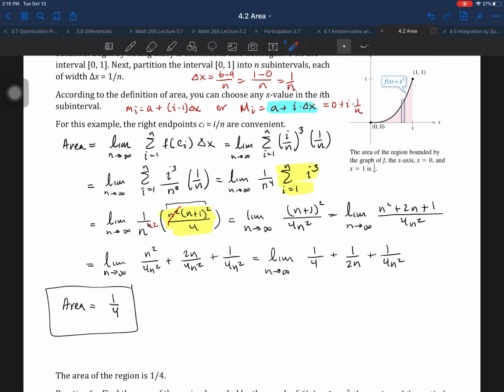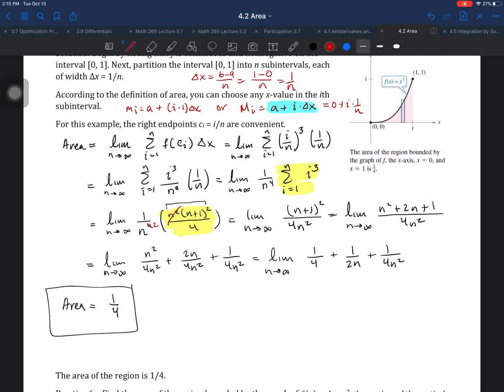Now we're going to expand this, and this will give us n squared plus 2n plus 1 over 4n squared. Then we're going to simplify the terms: n squared over 4n squared plus 2n over 4n squared plus 1 over 4n squared. Simplify, these cancel each other out. This gives us 1 over 4. This cancels partially, so that'll be 1 over 2n, and this will give us 1 over 4n squared.